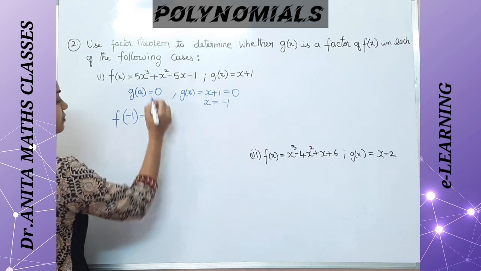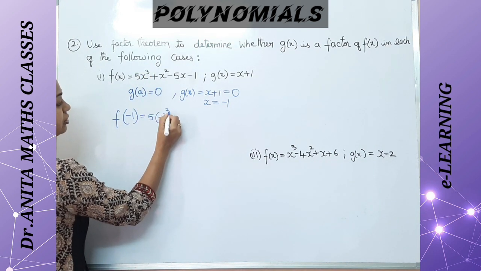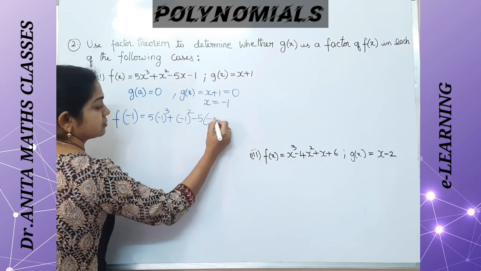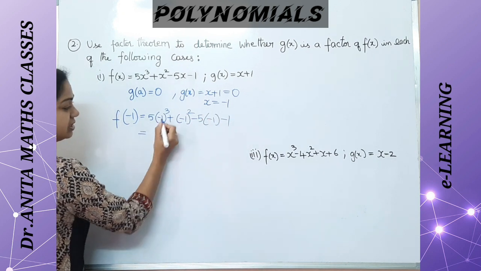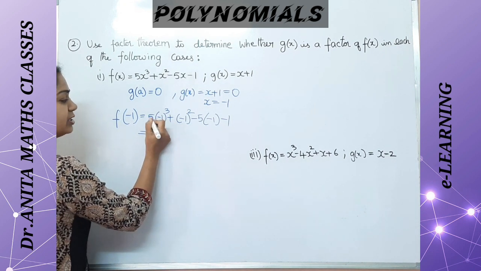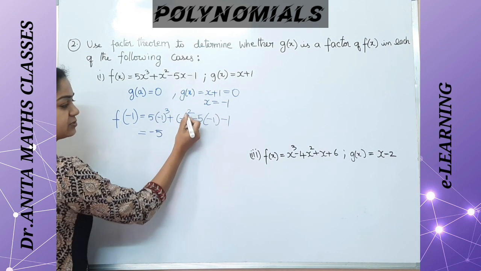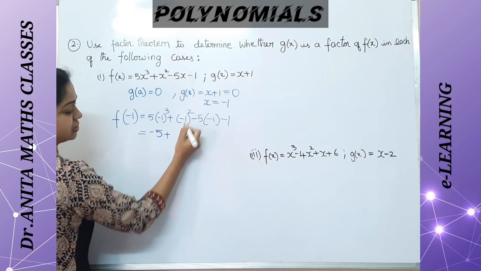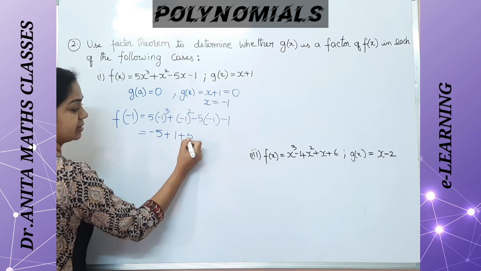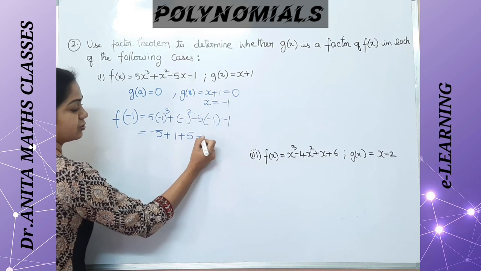So f of minus 1 is 5 into minus 1 whole cube plus minus 1 whole square plus 5 into minus 1. Minus 1 whole cube comes to minus 1, and minus 1 into 5 is minus 5. Minus 1 whole square is plus 1. Minus 5 minus 1, multiplied, so plus 5, then minus 1.